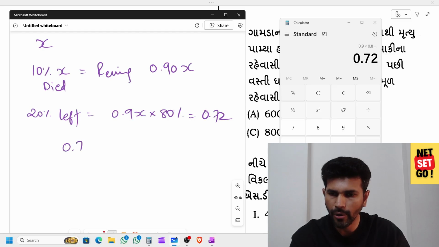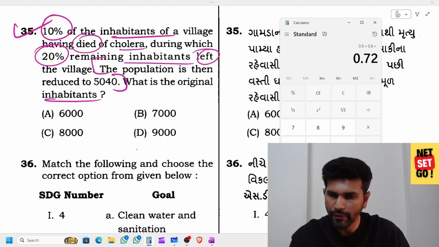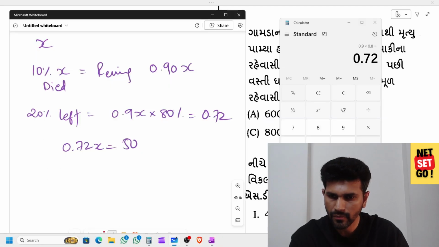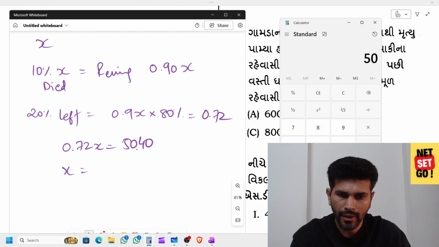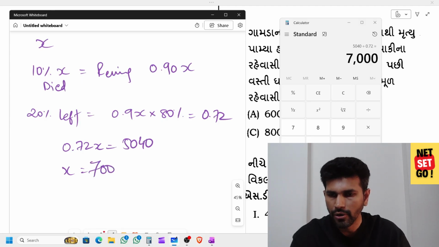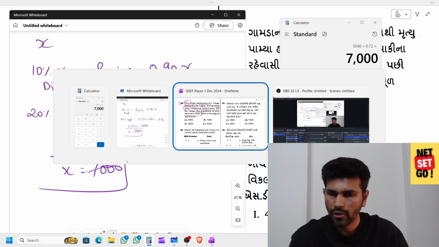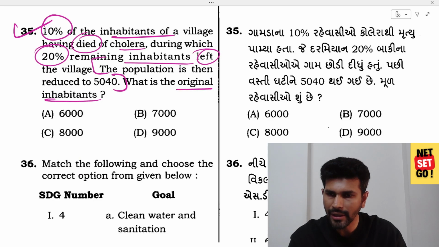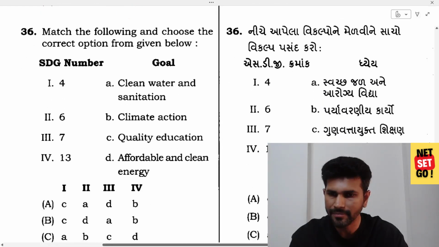If 0.72x is 5040, so x equals 5040 divided by 0.72, that is 7,000. So it means original inhabitants were 70,000. Option B is correct answer.